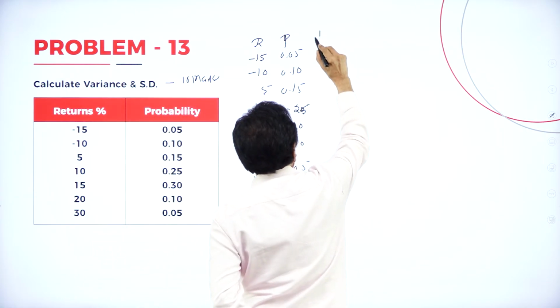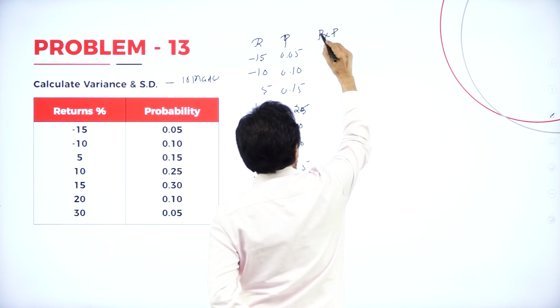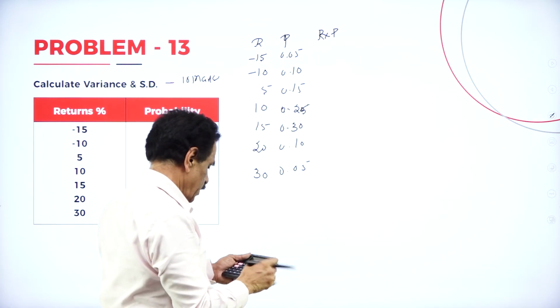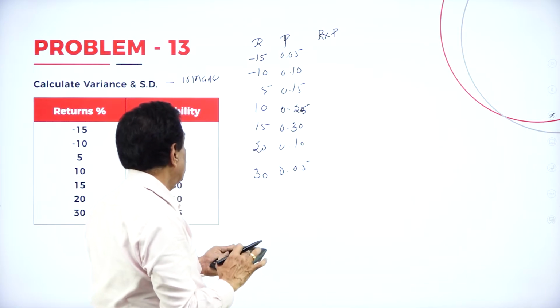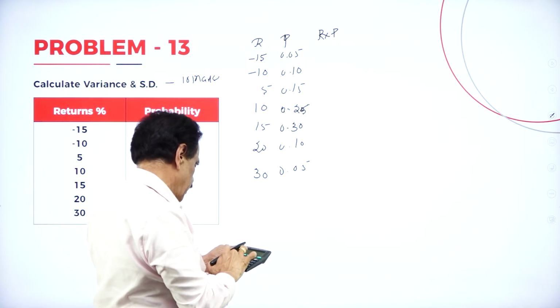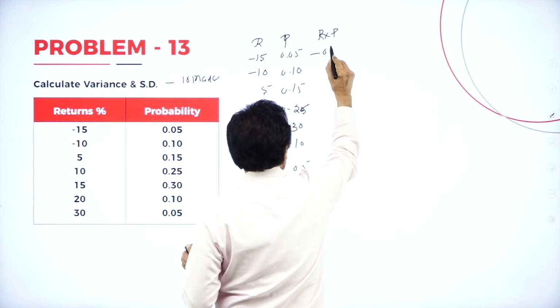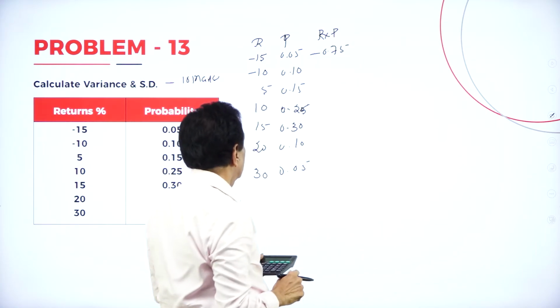Multiply R into P. Minus 15 into 0.05 is minus 0.75.